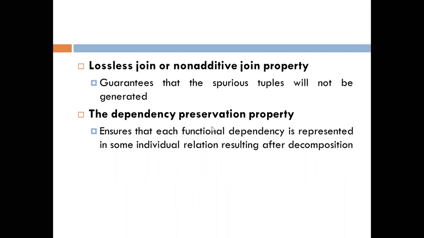One is it should be lossless. Another is that dependency must be preserved. Dependency means the functional dependency. All these concepts we have been discussing since yesterday's class are advanced concepts, which means they need greater care and attention.